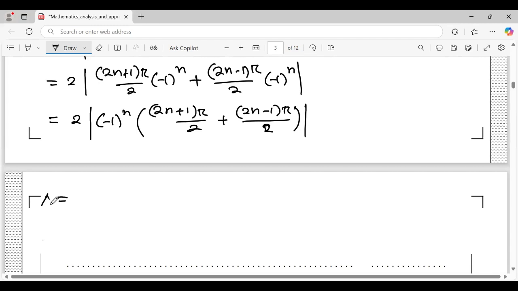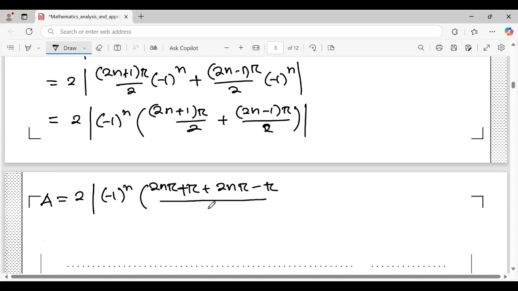So area equal 2 times minus 1 power n, 2n pi minus pi plus 2n pi, and this is, sorry, plus 1 because it's plus, minus pi over 2. So 2 minus 1 power n. It is 0.